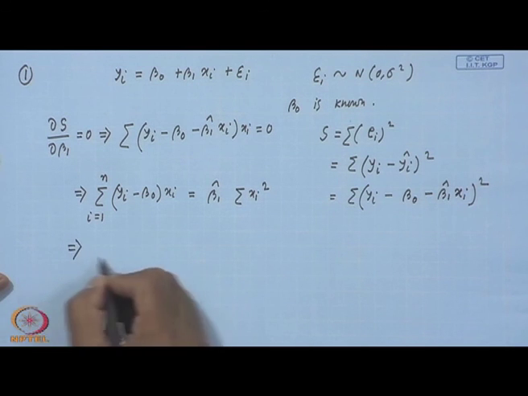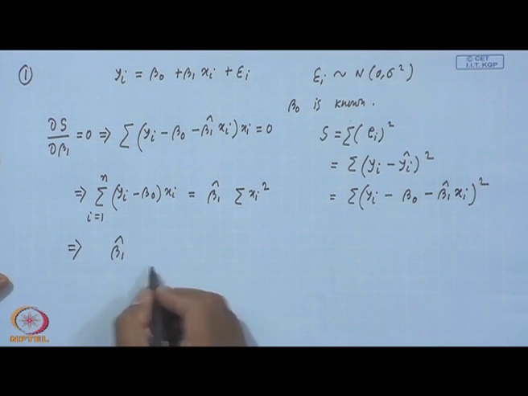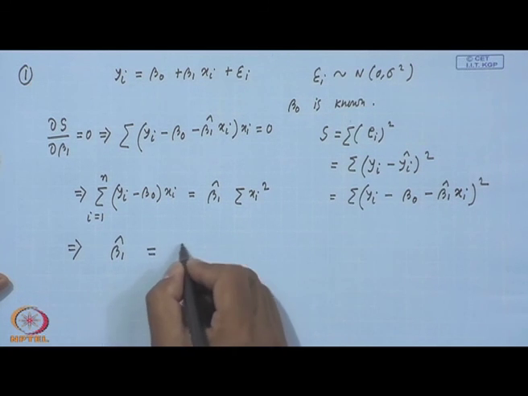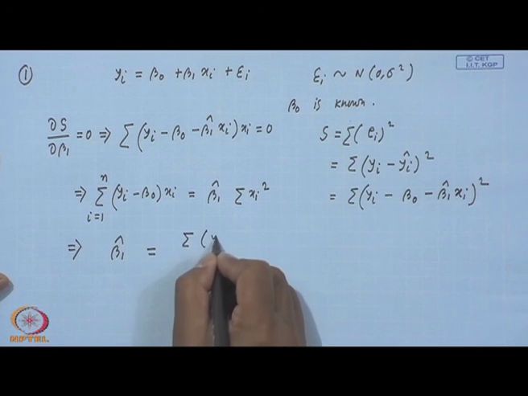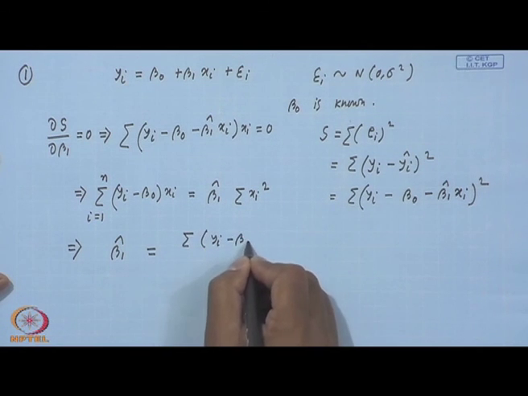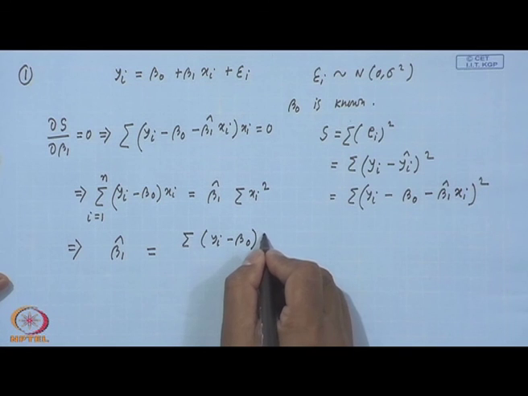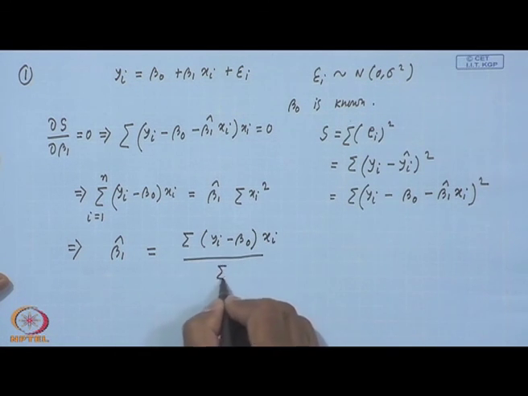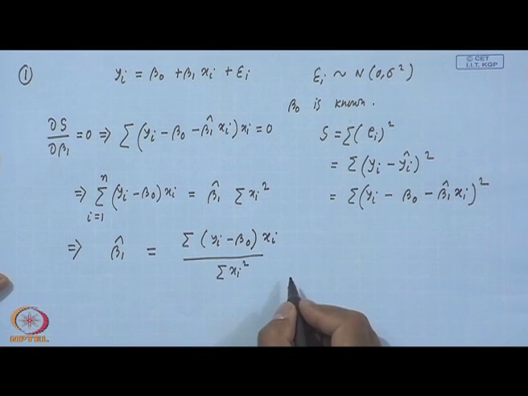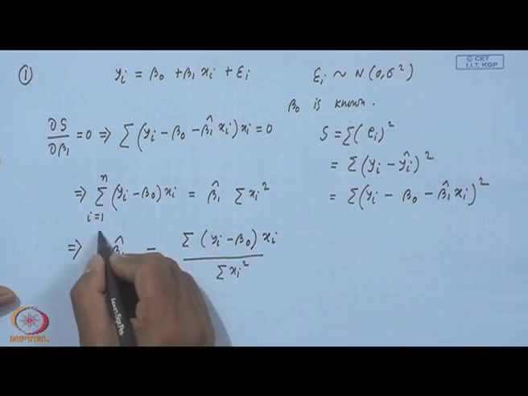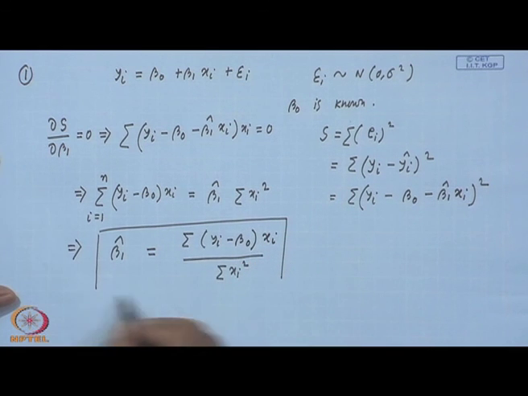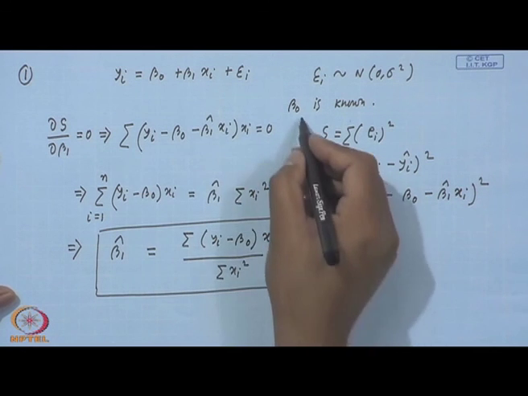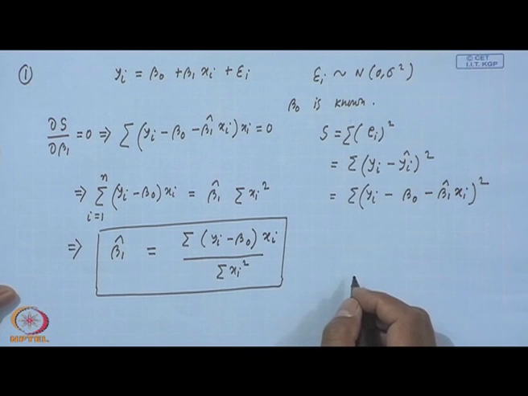Okay. So, this implies that my least square estimator for beta 1 is equal to summation y I minus beta naught x I by summation x I square. So, we are done with the first part. This is the least square estimator for beta 1 hat when beta naught is known.